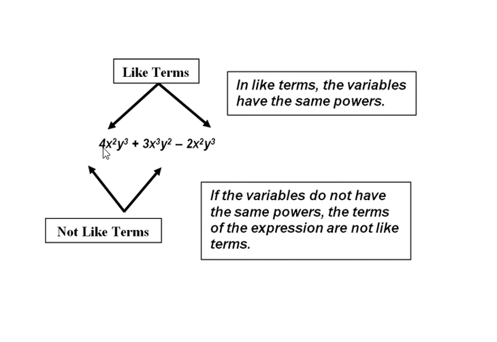So I'm going to have 6x²y³ plus 3x³y². Like it says in our box here, if variables do not have the same powers, the terms of the expression are not like terms. You can think of it as like, unlike, not alike, however you want to say it. Really the best way to think of it is like terms and unlike terms.